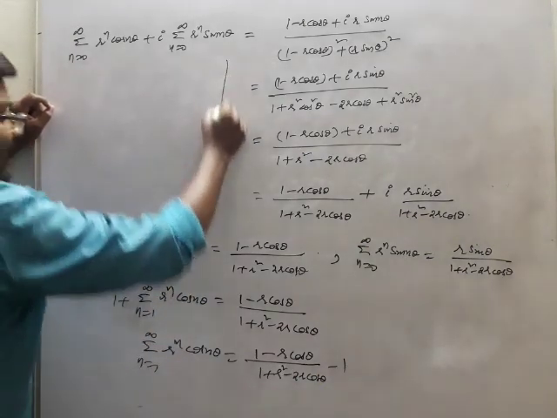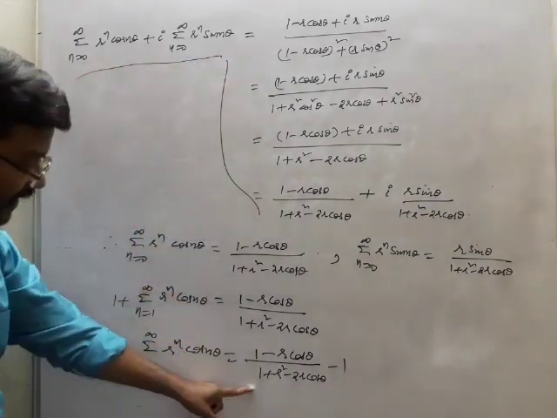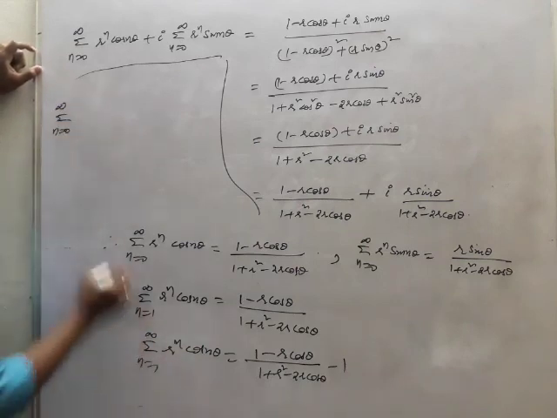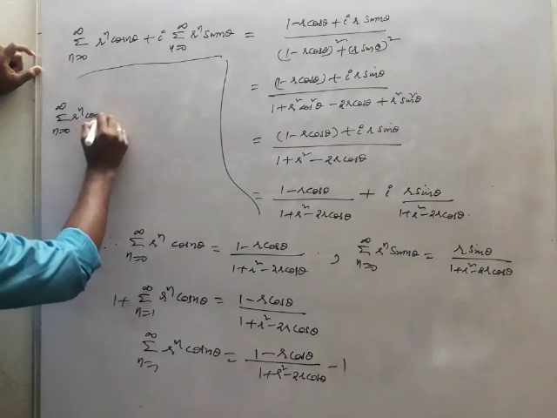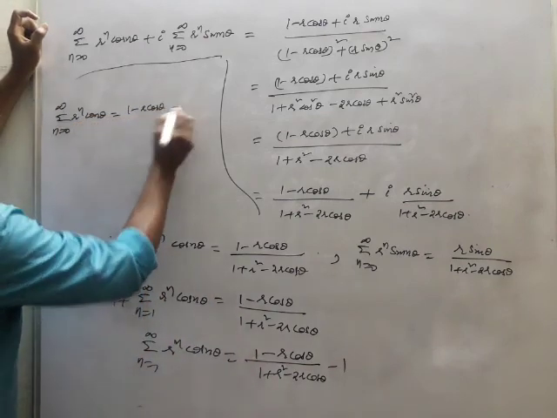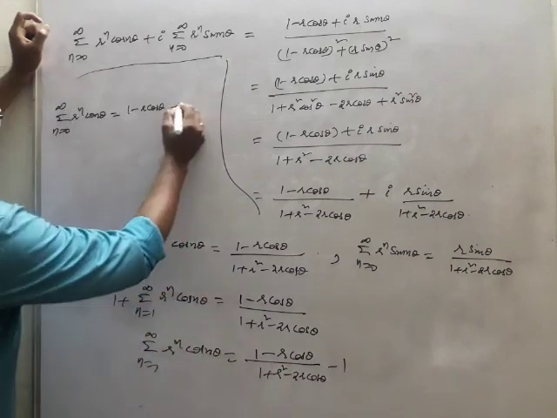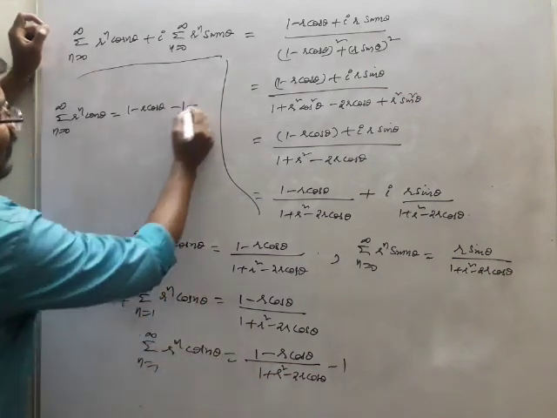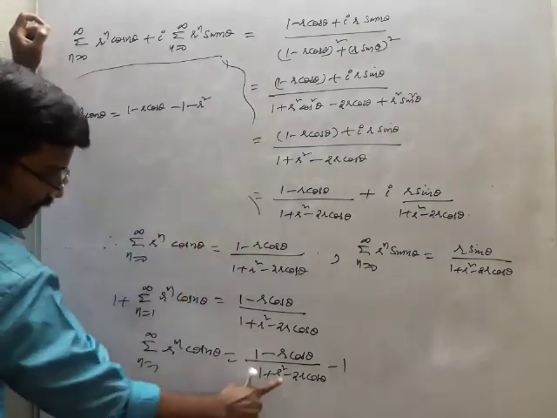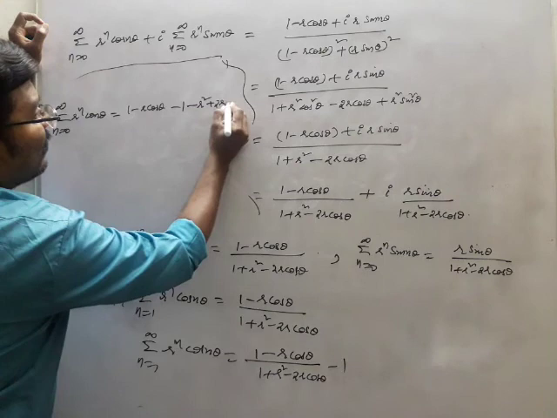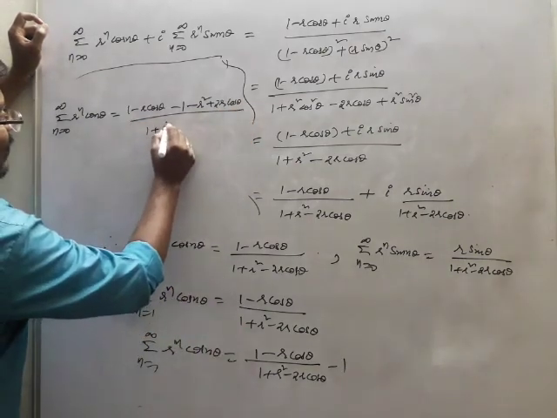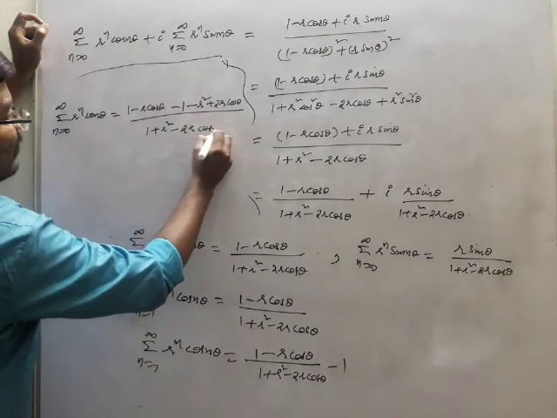If I simplify this, it is 1 − r cos θ minus 1 minus r square, and this becomes plus 2r cos θ, by 1 + r² − 2r cos θ.